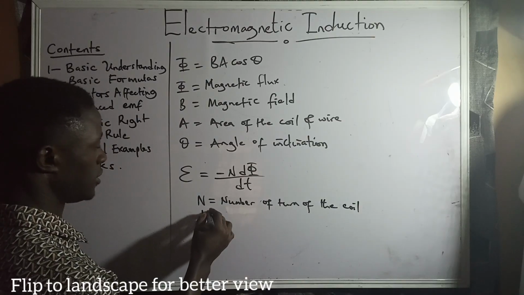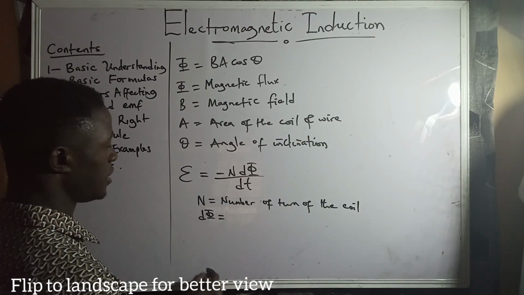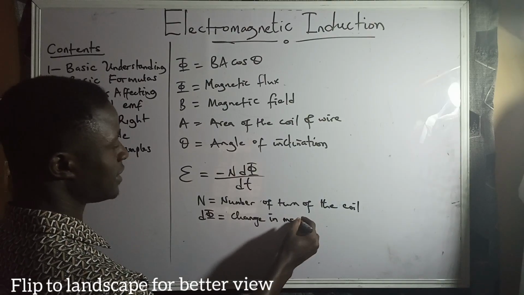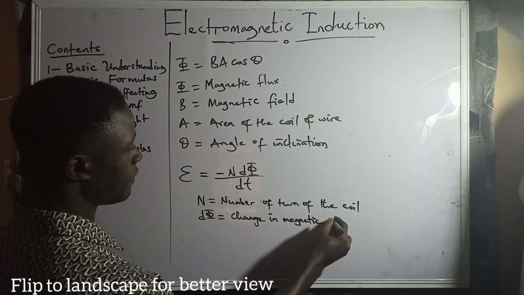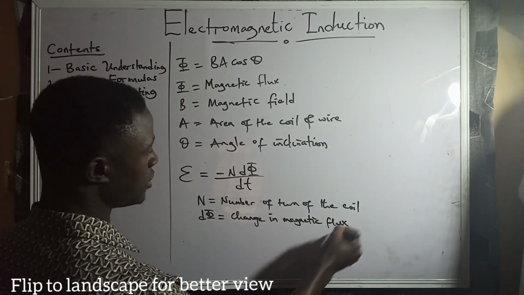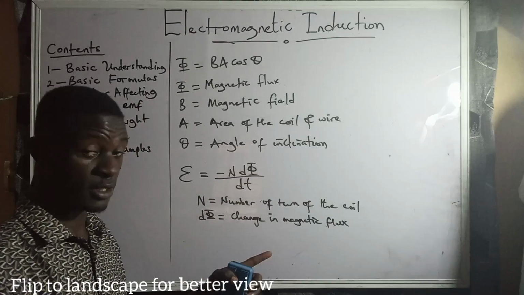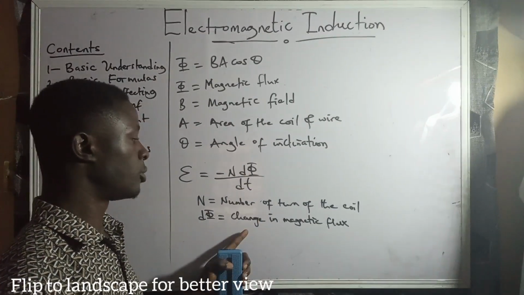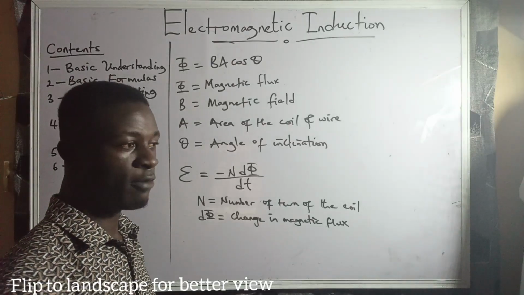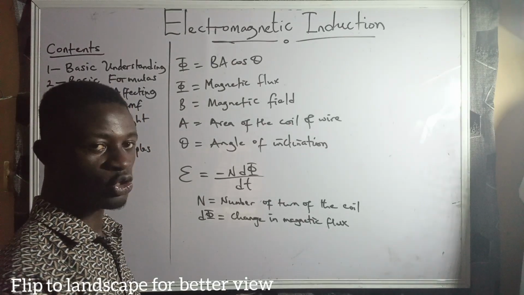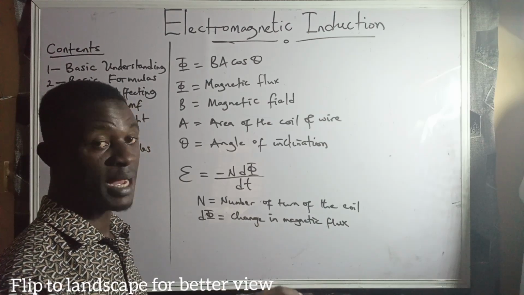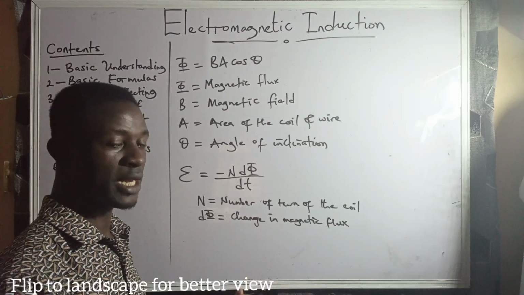Then this symbol means change in magnetic flux. So this change in magnetic flux, I'm going to explain. This change in magnetic flux is determined by how fast or how slow you are bringing the movement of the bar magnet inside the coil.